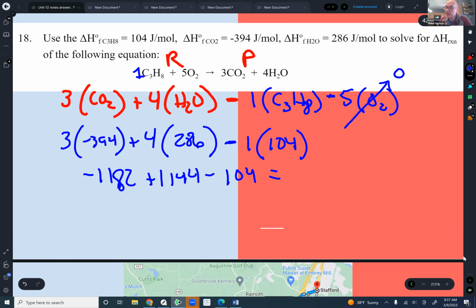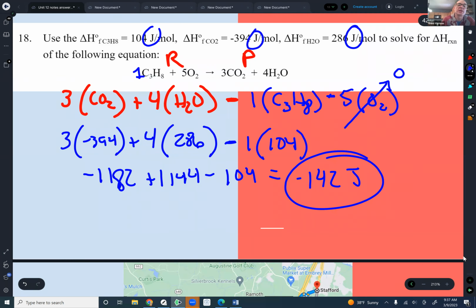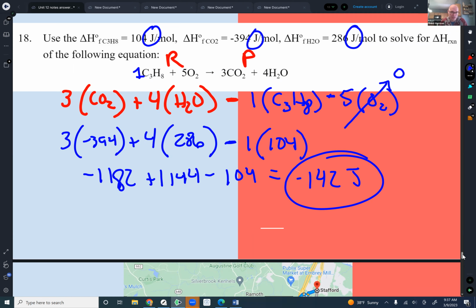Now bring all those values together, and what you get is negative 142 joules. The units are joules. You must pay attention to what the units are in the answer. All right, that's the second method for us to calculate heat of reactions today.